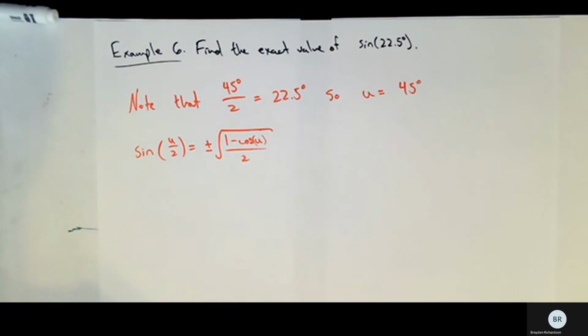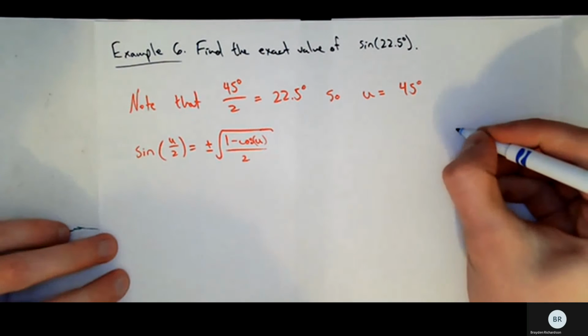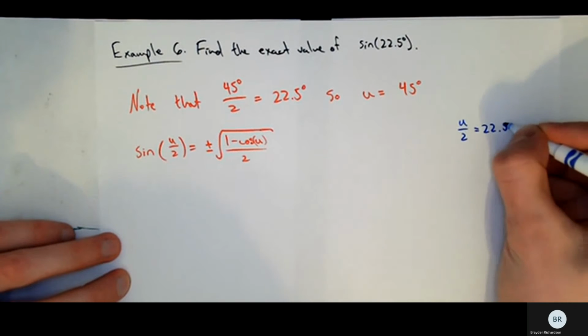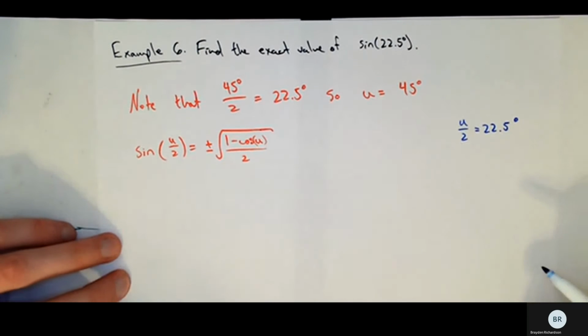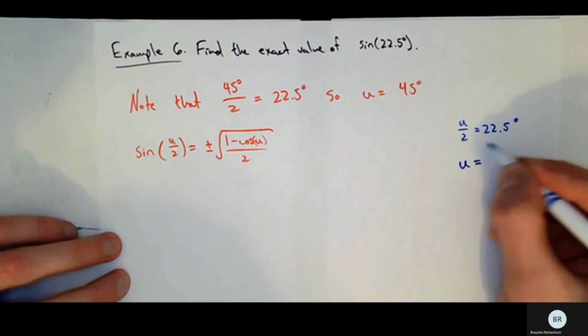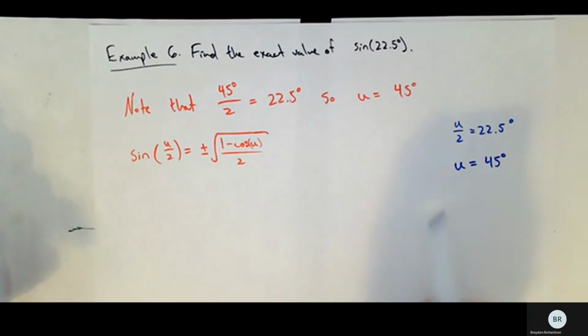That means u must be 45 degrees. Another way to look at that is to say u over 2 is equal to 22.5 degrees, and then solve for u. How would you solve for u? You multiply by 2 on both sides. There, u is 45 degrees.